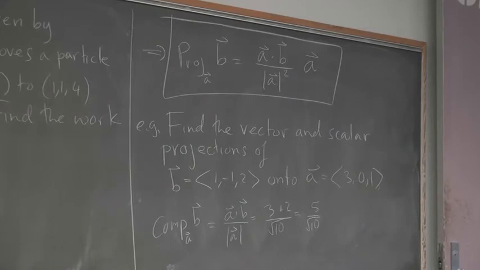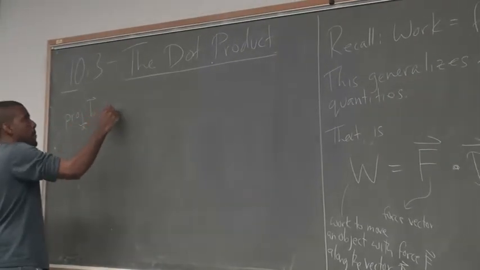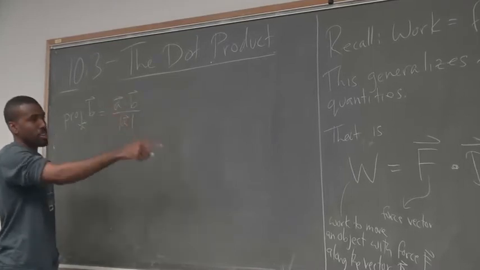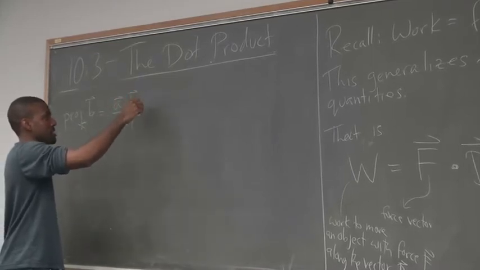What is the vector projection? Dot product over magnitudes. Some of you think I was talking about the force example. That was afterwards.